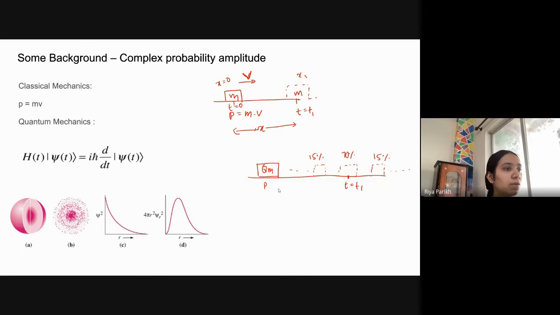So this equation that you are seeing on the left is the momentum equation of an electron. It's very complicated, so don't go into it. But basically, it just states that we always get a probability of finding an electron at a position x, and not exactly a position with 100% certainty.